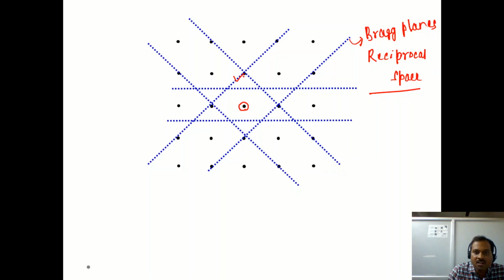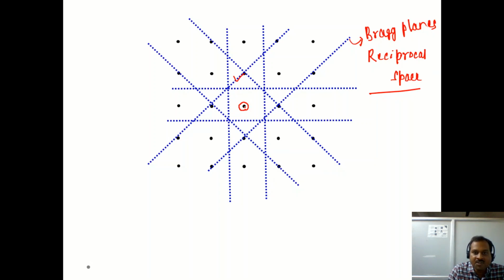Like this we can draw all the Bragg planes, which are basically the perpendicular bisectors of all the lattice points surrounding this point of focus. So now we have taken care of all the neighbors for this lattice point.